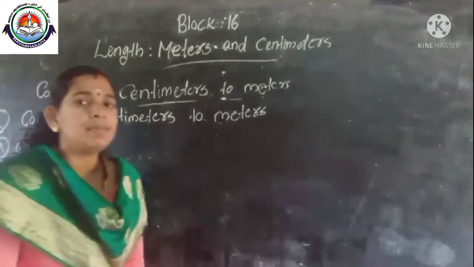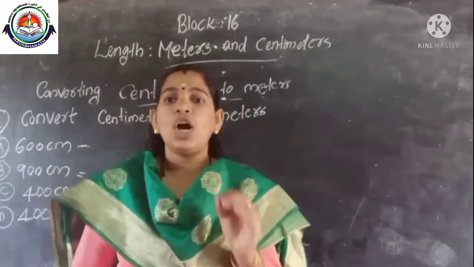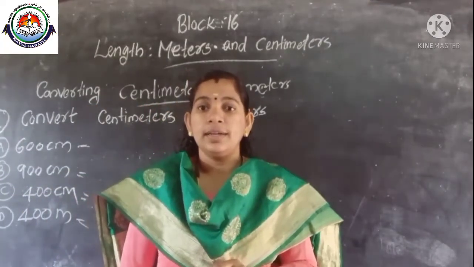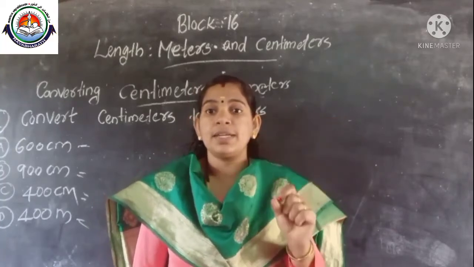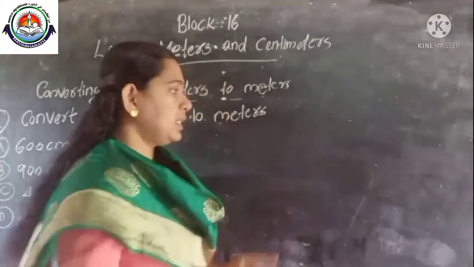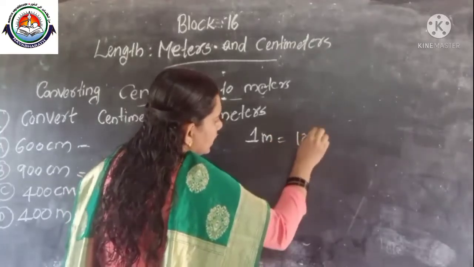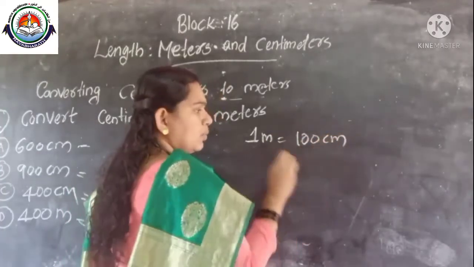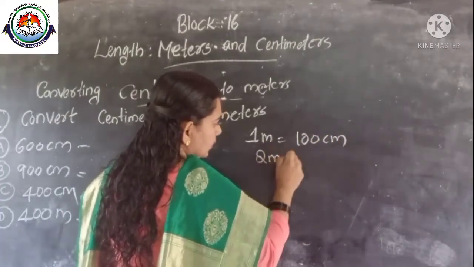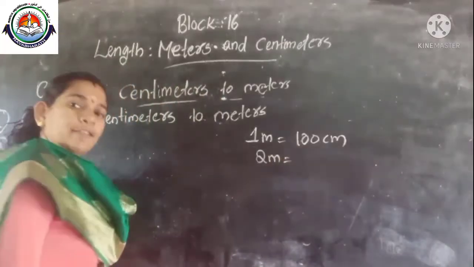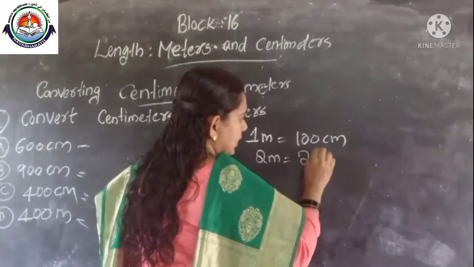So anyone knows the meter scale? In a meter scale, how many centimeters are there? Yes, 100 centimeter make 1 meter. That means 1 meter is equal to 100 centimeter. Then 2 meter is equal to how much centimeter? Very good, 200 centimeter.